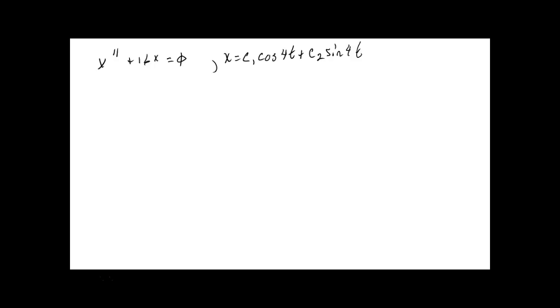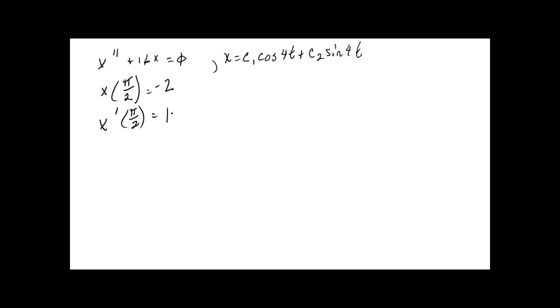It starts that way, but now we have two values: x of pi halves is equal to -2, and x prime of pi halves is equal to 1.